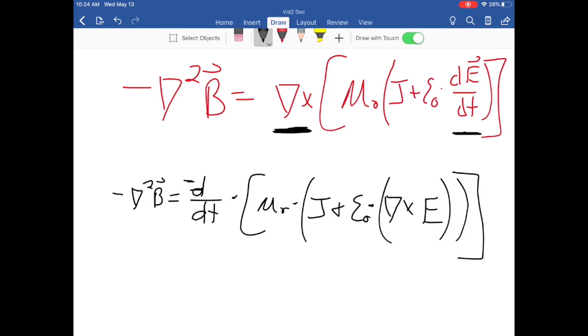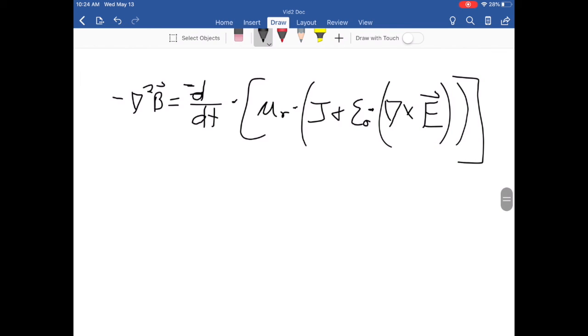Now from here, del cross E should look familiar to you guys, because that is the exact same thing that we had to start the other derivation with respect to the electric field. So del cross E is actually Faraday's law, and we can go ahead and substitute in the equivalences for Faraday's law within these brackets.